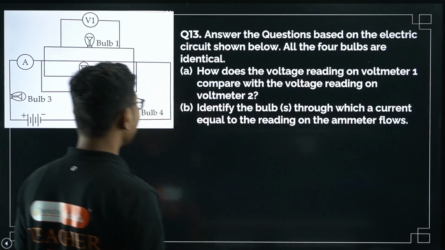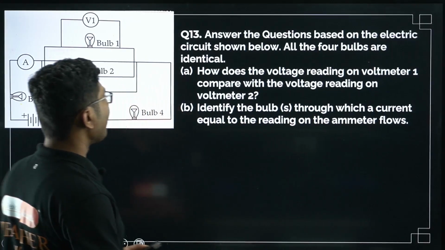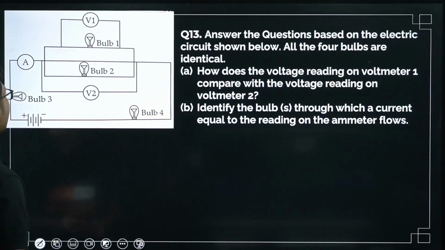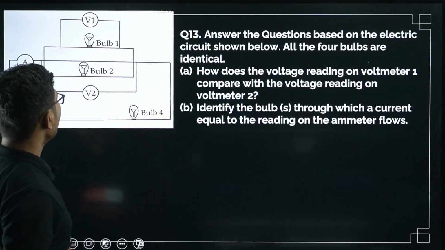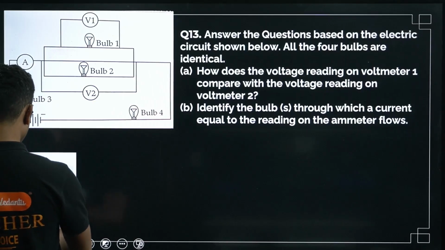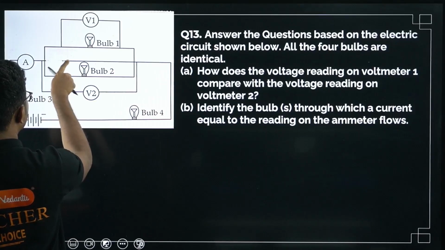Now let's see what is the question. How does the voltage reading on voltmeter 1 compare to the voltage reading on voltmeter 2? So there is a voltmeter here, V1, and a voltmeter here, V2. I guess there is one small mistake: they are not connected like this.